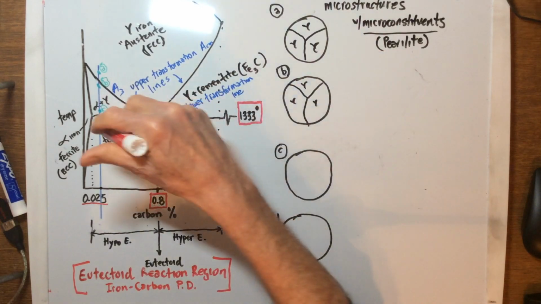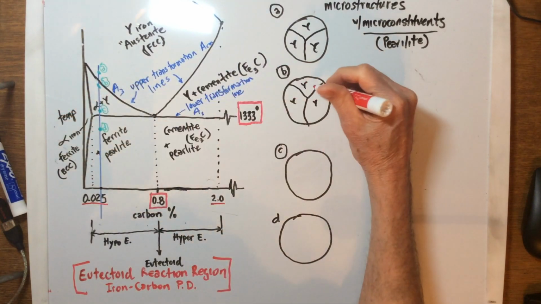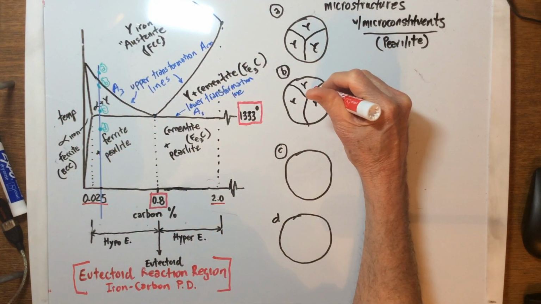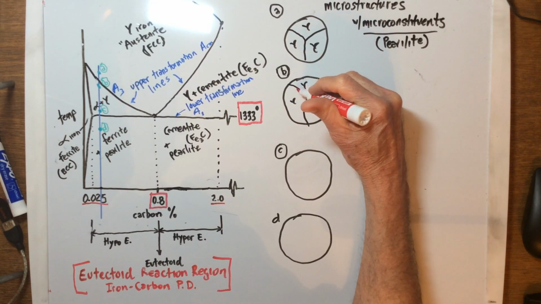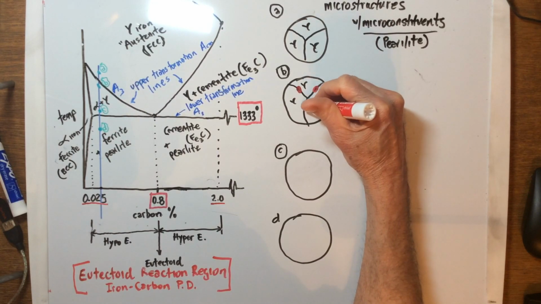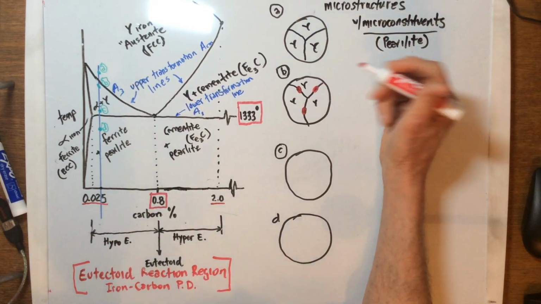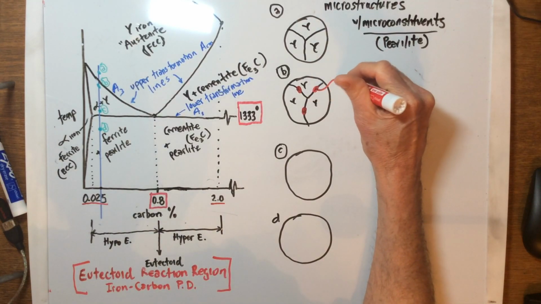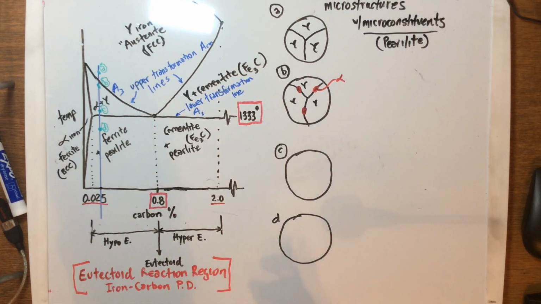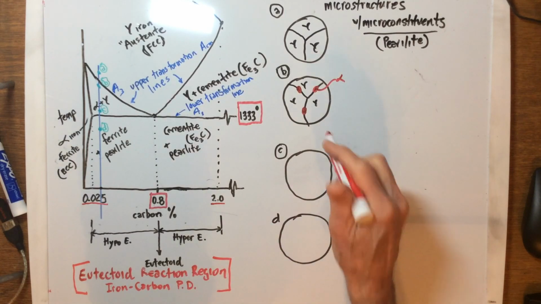All right, so because we're in this mix, there's alpha. And these beginning grains always form along the grain boundaries. Okay, so these are going to be the beginning forms of the alpha grains as the temperature drops.